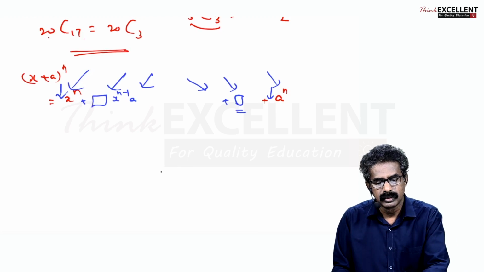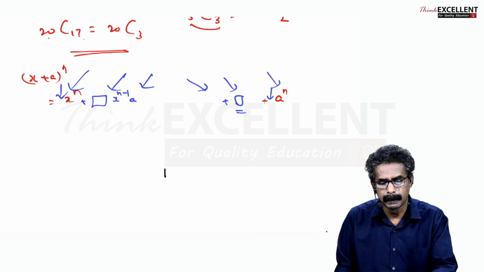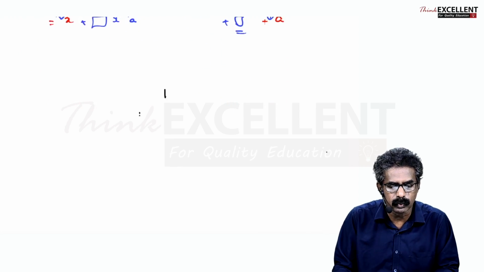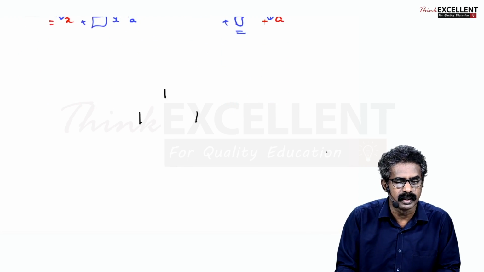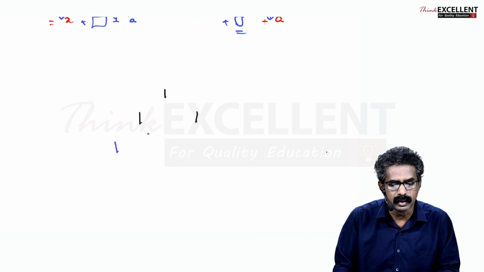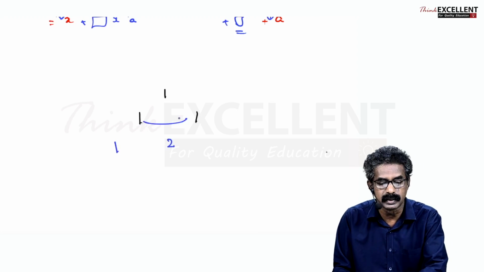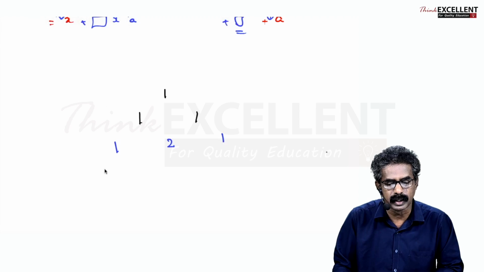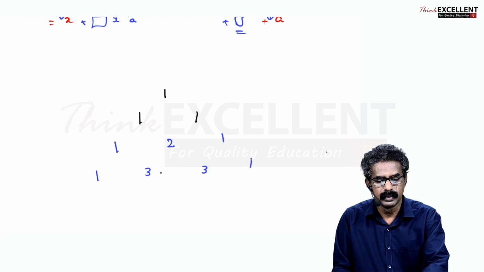Listen. So you write here 1. Then here you write 1, here also 1. Looks like some design. Then you write here 1, add these two, 1 plus 1, 2. Then at the end you write again 1. Then here 1, 1 plus 2, 3, 2 plus 1, 3, and 1.